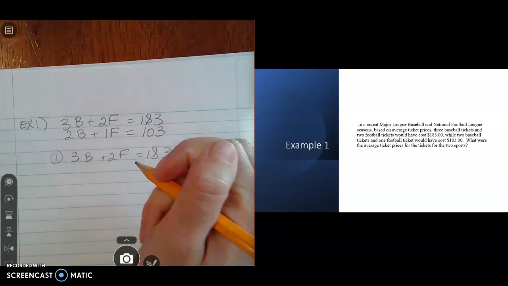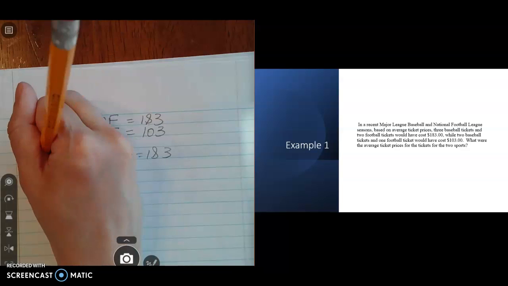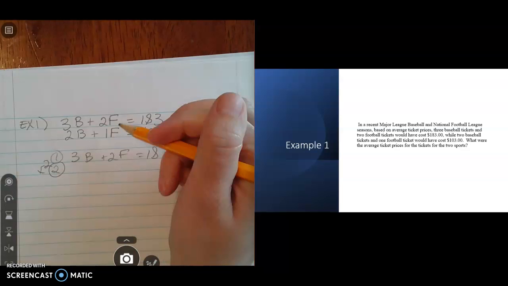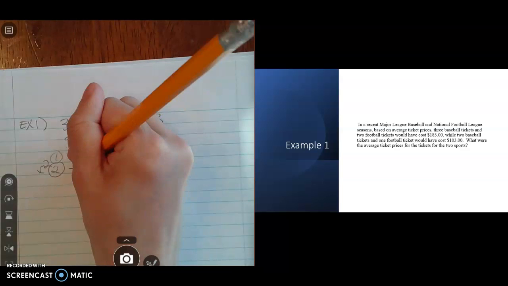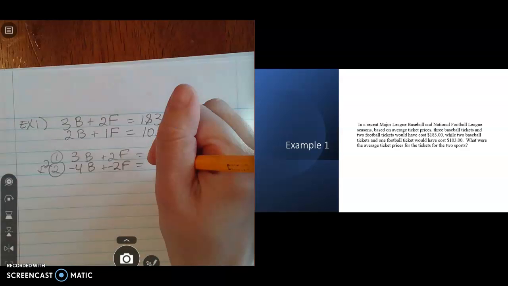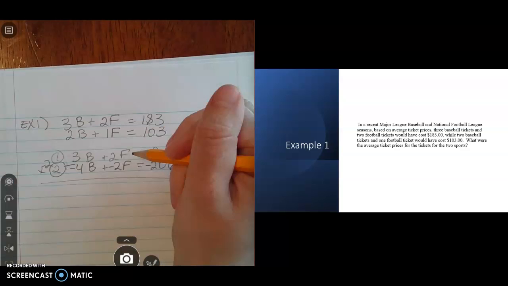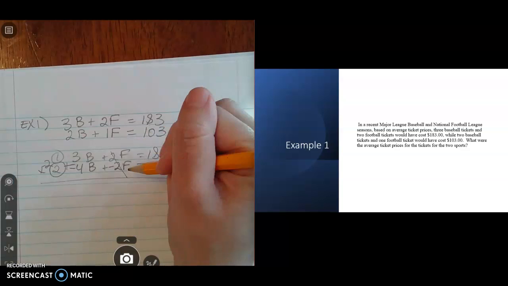I'm going to take that second equation and multiply it by -2 so that my f's cancel. So that'll be -4b plus -2f, and 103 times -2 would be -206.